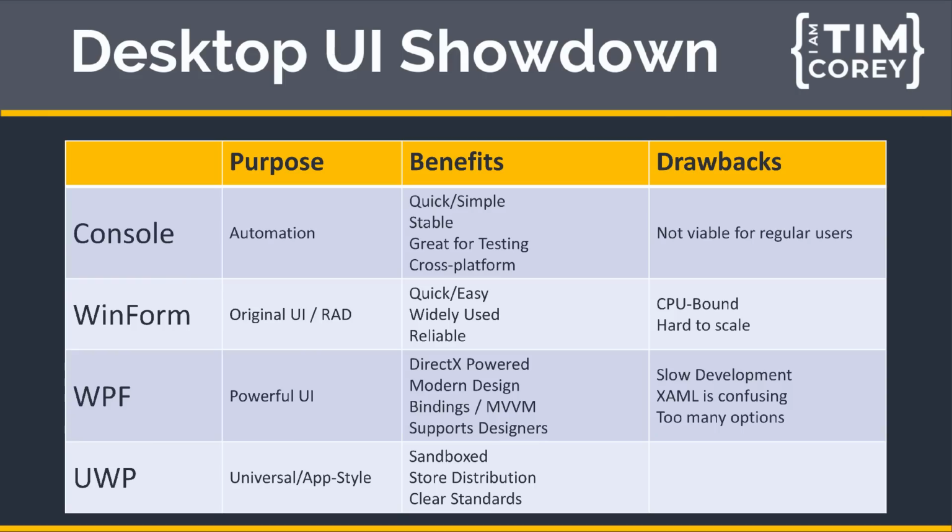And also with UWP, there are very, very clear standards. They have style guides from Microsoft that say, this is what a UWP application should look like. And so it's very clear and very easy to follow, and therefore it's easier to design an application because you have these guidelines to fit in order to fit into the mold that they developed. So those are the benefits.